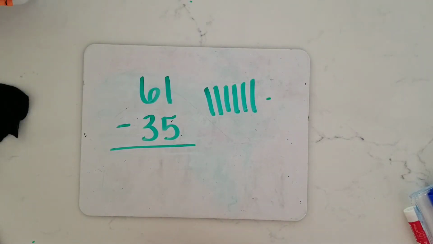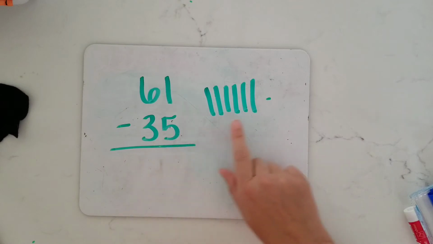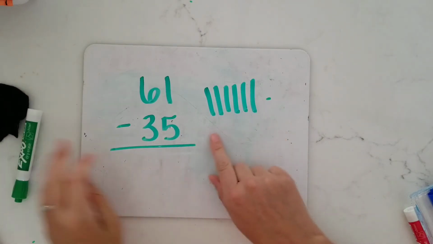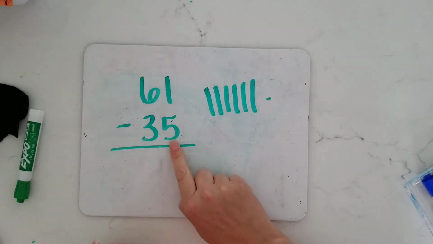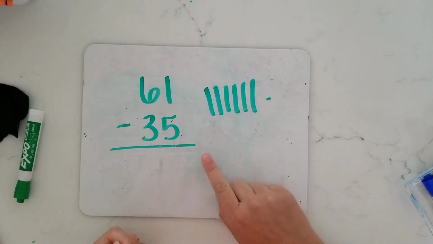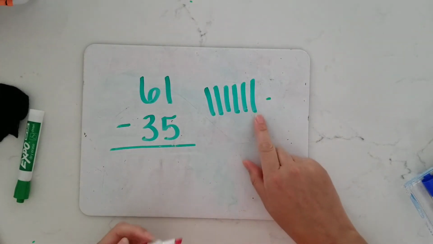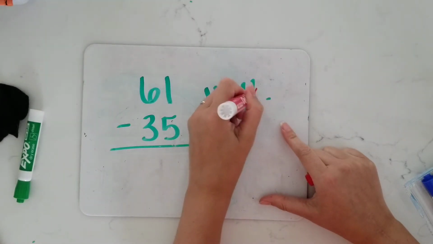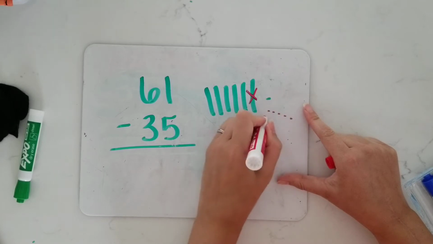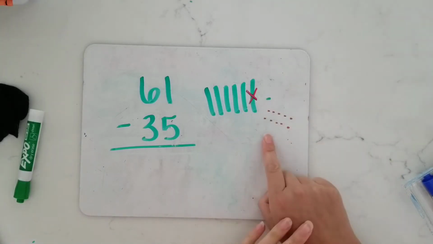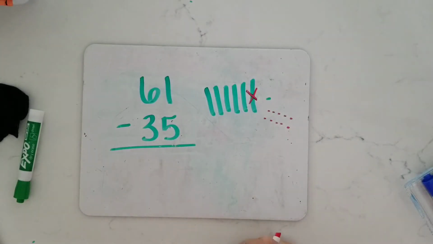And this time I'm going to try and subtract 35. Well, how my number looks right now with 61, it's going to be hard to subtract 35 because I don't have 5 ones. But you know that each of these is a 10. So if I just take 1 10 away, I can have 1, 2, 3, 4, 5, 6, 7, 8, 9, 10 ones, and I still have 61.